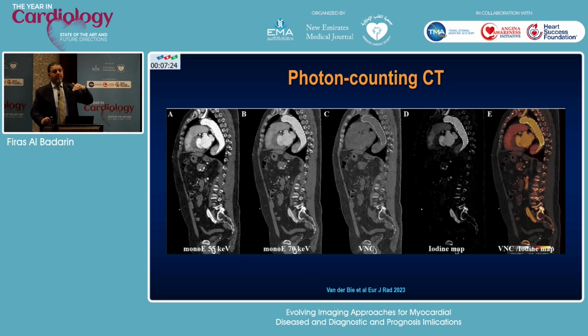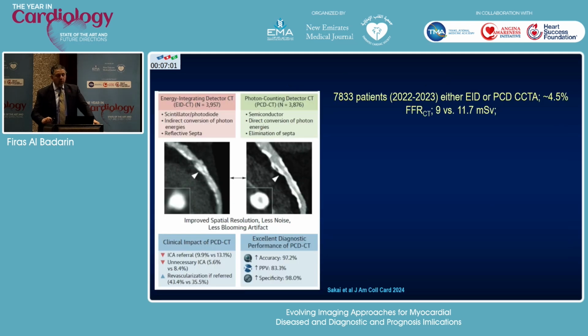You can remove the contrast as in the image in the middle, because you are so good at differentiating between contrast and vessel wall and so on. And as you can see, this improves your ability to read, and to incorporate this data set into planning. And this was recently shown in a paper from a single center in New York.